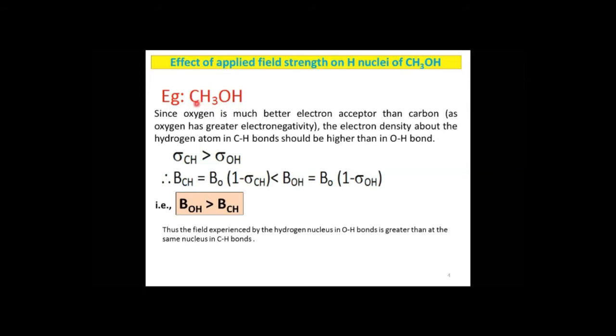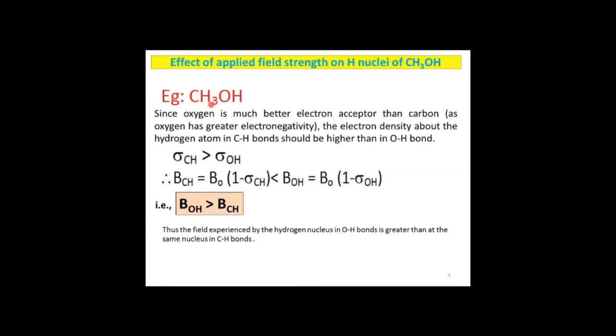And here, the carbon atom, which is less electronegative than the oxygen, could not pull more electrons towards itself. So these protons are surrounded by higher electron density than that of the hydroxyl proton. So these protons are said to be shielded. Why? Because they are surrounded by the electrons.